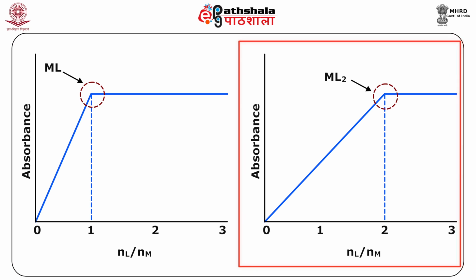In figure 1b, for a 1:2 metal-ligand ML2 type complex, in the mole ratio plot, the absorbance wavelength of all three existing species, that is the metal, the ligand and the complex, is the same. In other words, these three species absorb at the same wavelength.